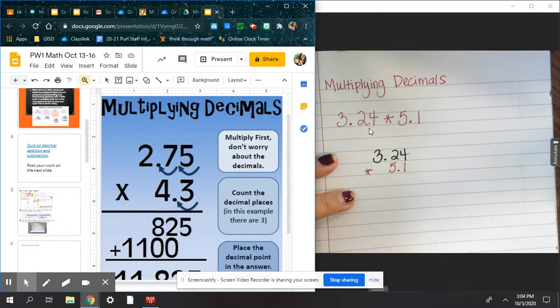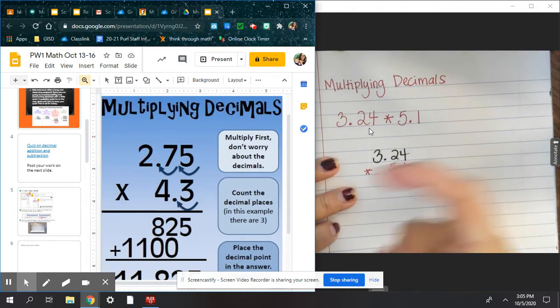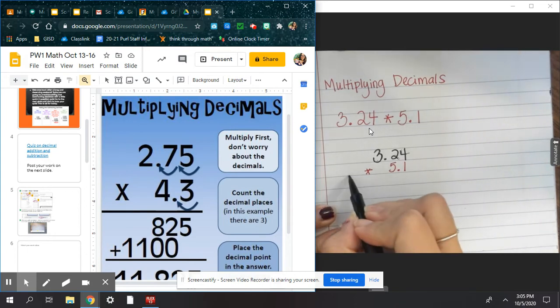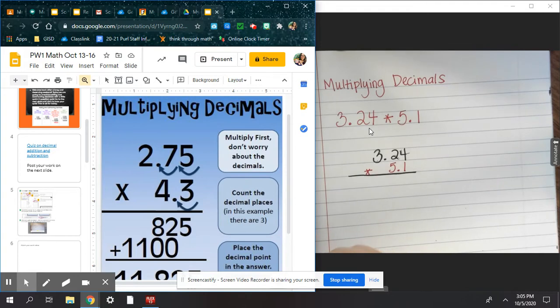Okay, so the first rule over there says you're going to multiply first. Multiplication, we already know how to do that. We spent a lot of time with multiplying whole numbers. So we're going to go ahead and multiply just like we normally do.